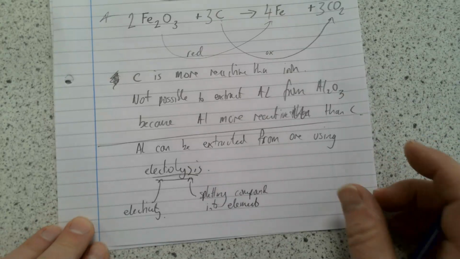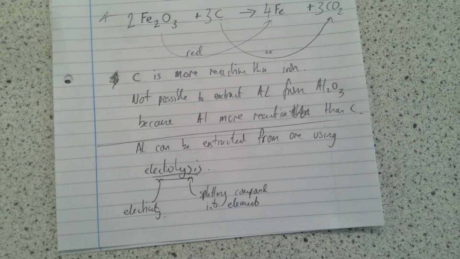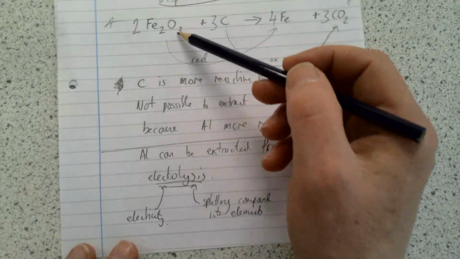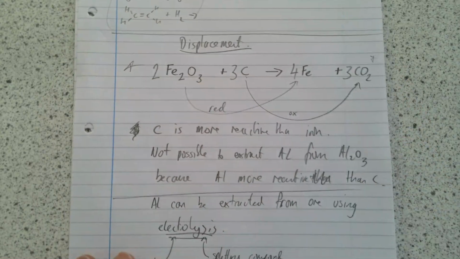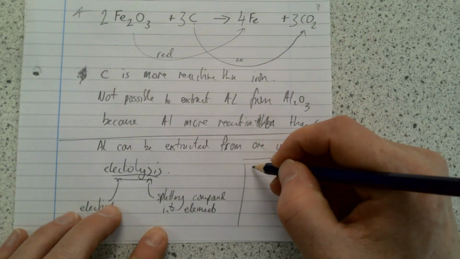So we can extract aluminium from the ore using electrolysis. By the way, with electrolysis being so powerful, you can do electrolysis on iron oxide, you can do electrolysis on copper oxide, but we don't industrially because this powerful method is expensive.